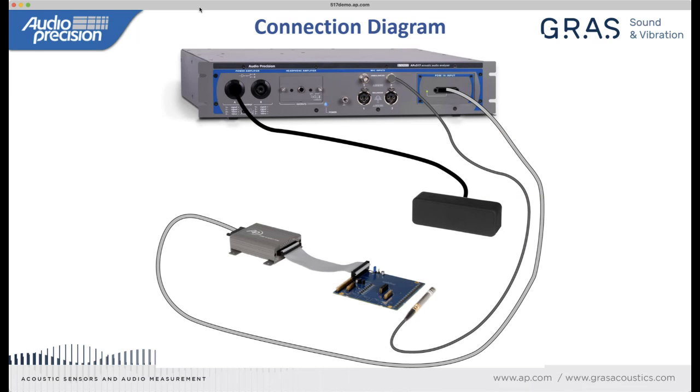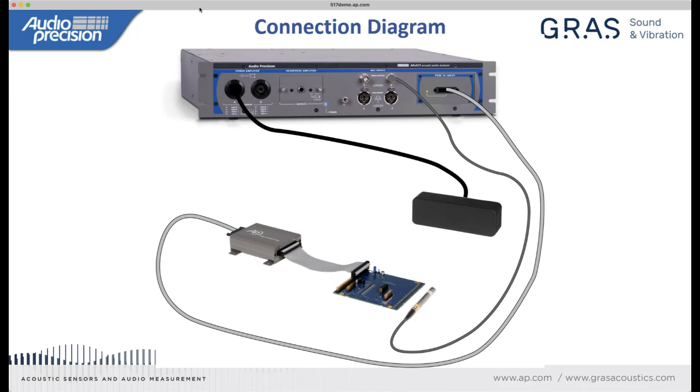So putting it all together, here's a depiction of what my physical setup looks like. I have my 517. It's directly driving an off-the-shelf speaker that I'll use for my signal source. I have my 1/4-inch pressure field microphone plugged into the front panel BNC.